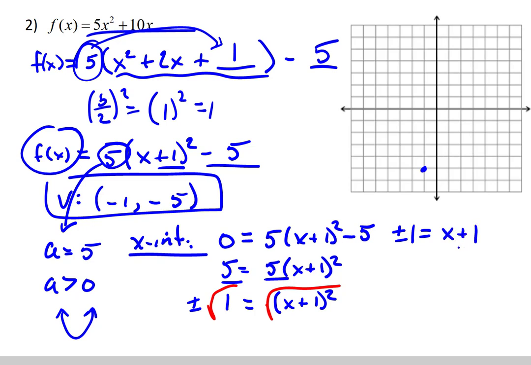Now we want x alone, so we'll subtract 1 from both sides, meaning -1 plus or minus 1 would equal x, and that means we have two options. So x could equal -1 plus 1, which is 0, or x could be -1 minus 1, which would be -2. So that means we have two places for x-intercepts. We can go ahead and plot our intercepts at those places where x is 0 and where x is -2.